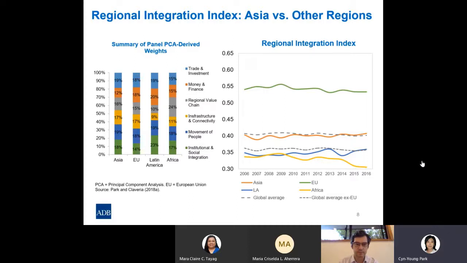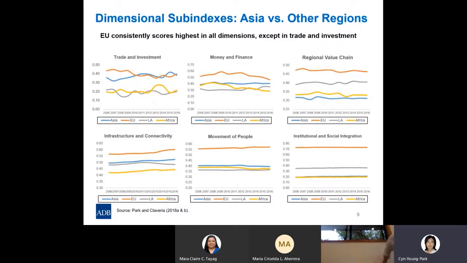Compared to the EU, the money and finance integration, regional value chain, and generally the institutional and social dimensions tend to be lagging a bit behind in the integration measure.